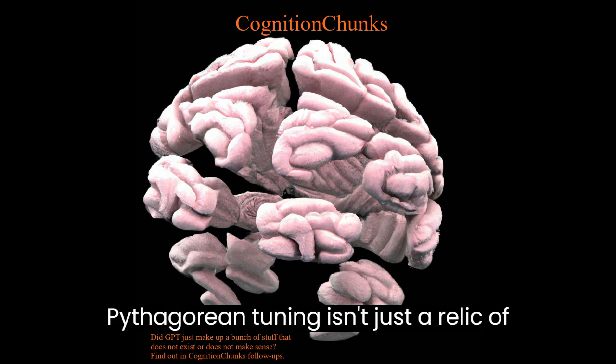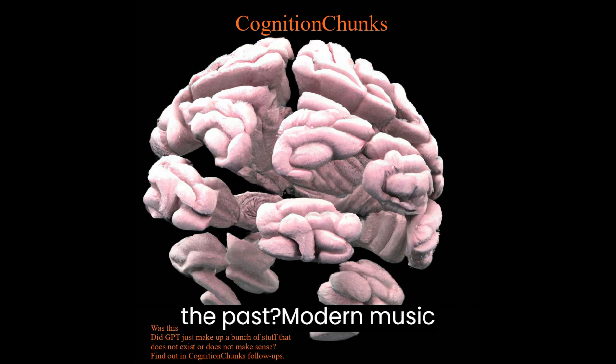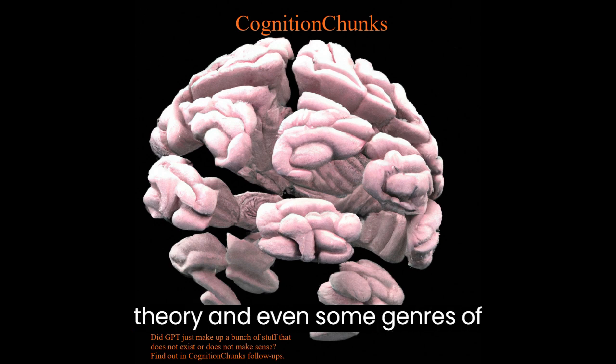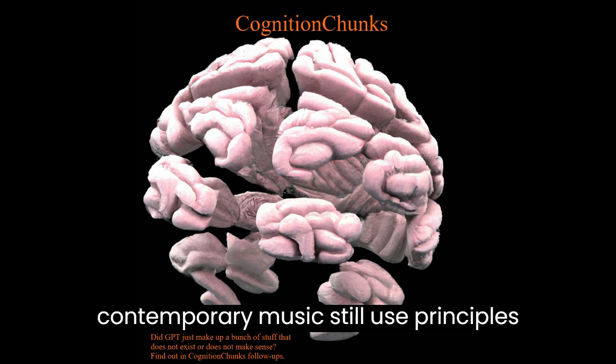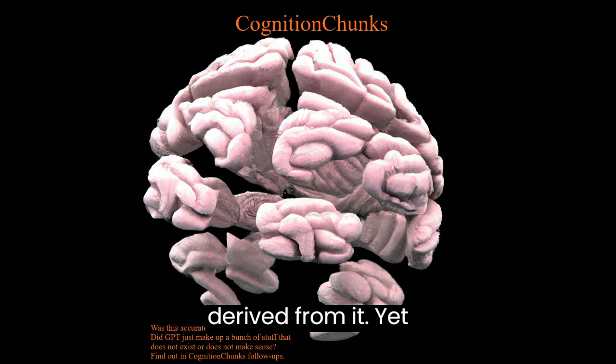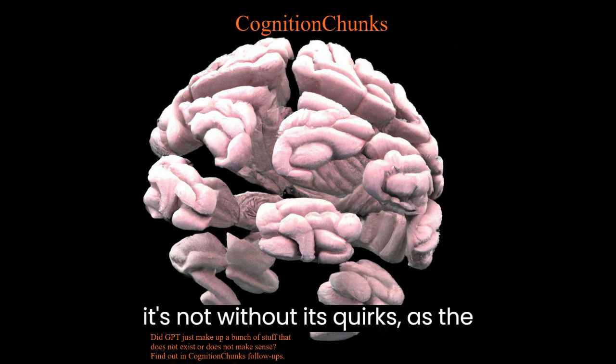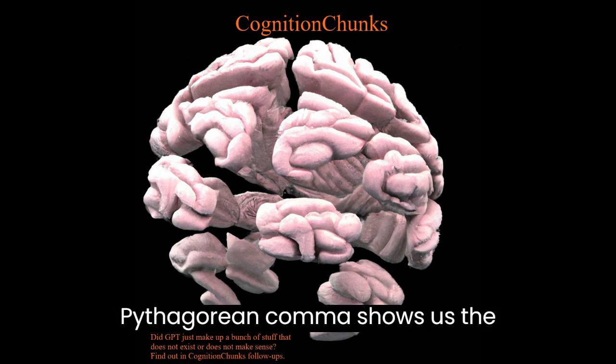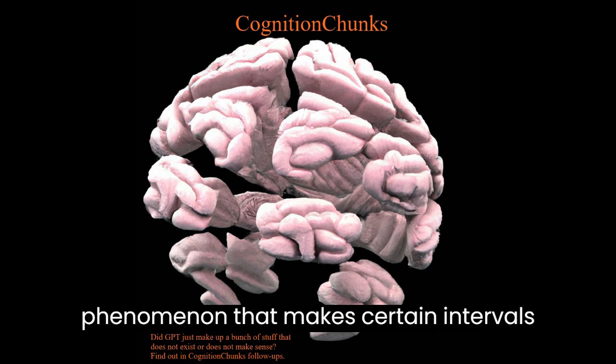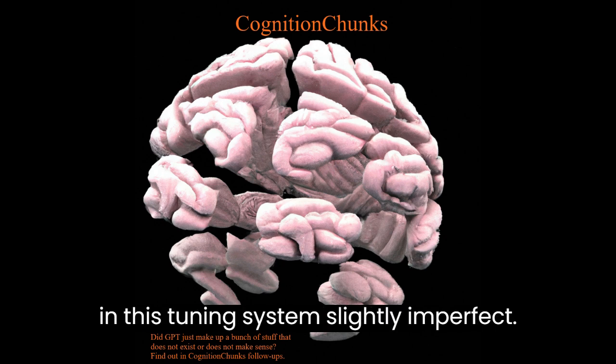Did you know that Pythagorean tuning isn't just a relic of the past? Modern music theory and even some genres of contemporary music still use principles derived from it. Yet, it's not without its quirks, as the Pythagorean comma shows us, the phenomenon that makes certain intervals in this tuning system slightly imperfect.